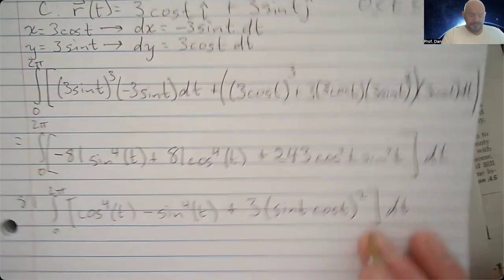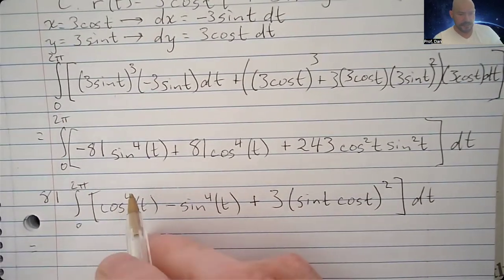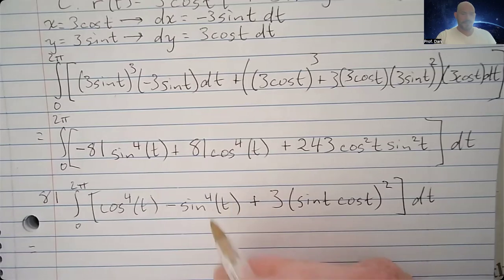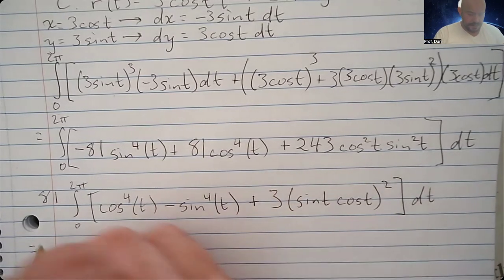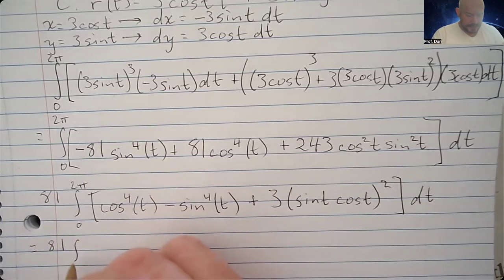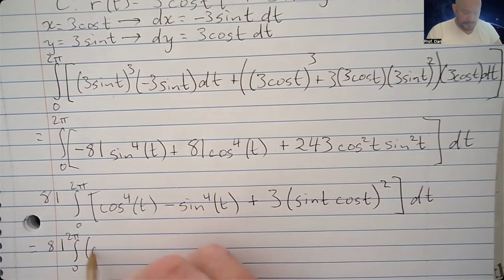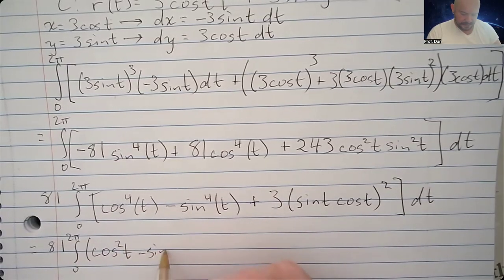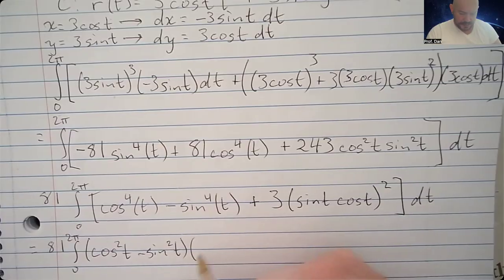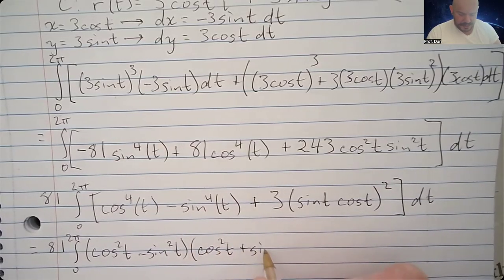But before we do that, reminder of a little factoring trick. I know that cosine to the fourth of t and sine to the fourth of t are something squared, right? So I could write this out as cosine squared t minus sine squared t times cosine squared t plus sine squared t, right?